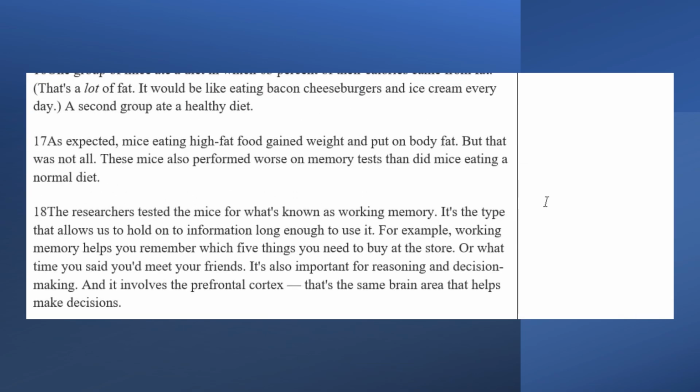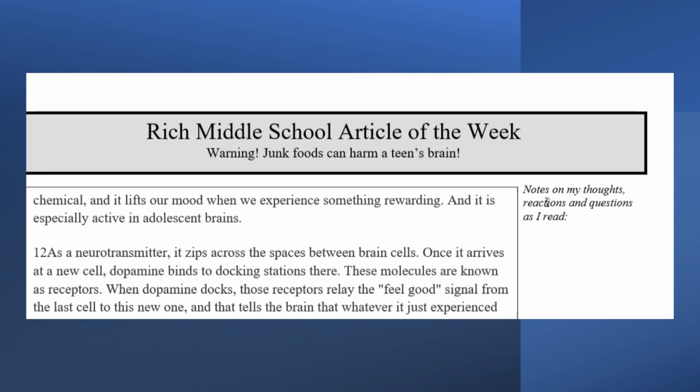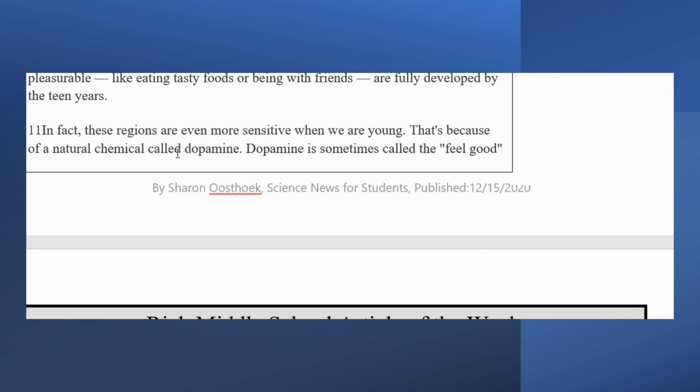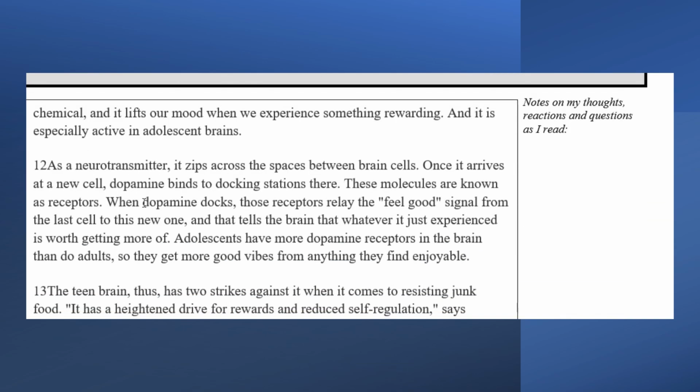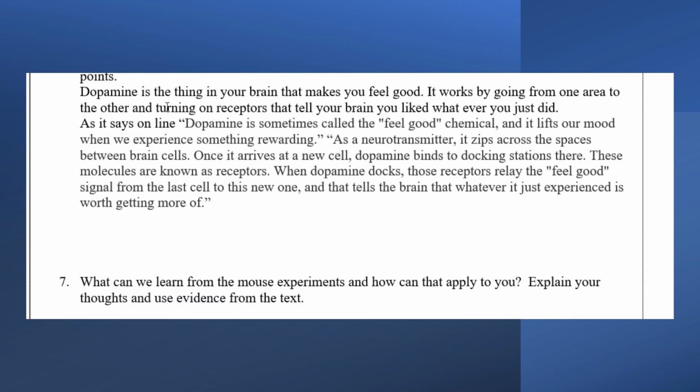Okay, so after the fact, and we've done our numbering now, as line 11, okay? And I can look and see that that's line 12, so I know that for going on, okay? So I can put, as it says on line 11, dopamine, okay?